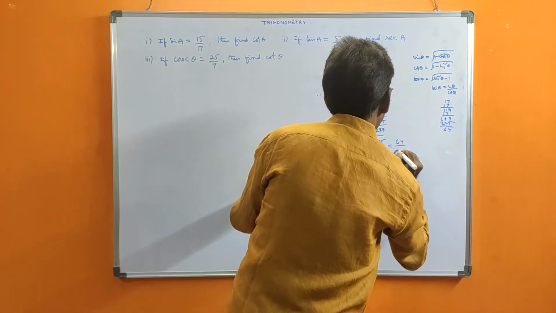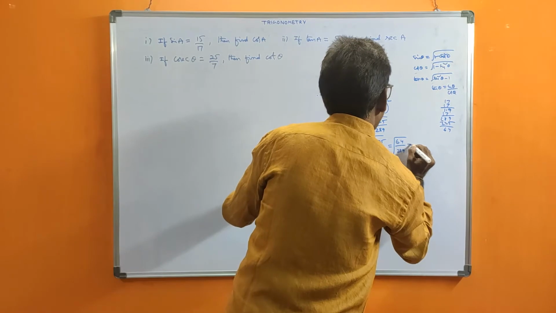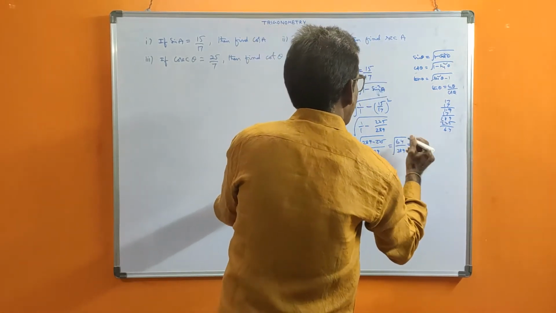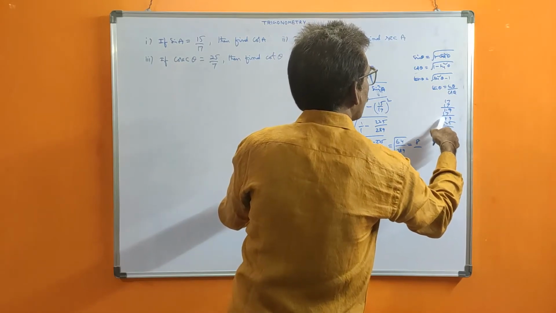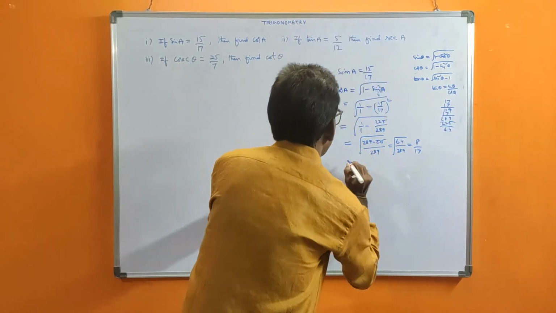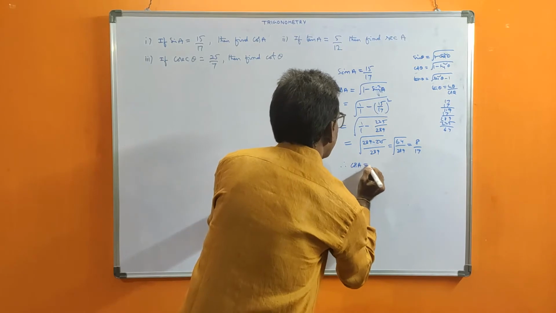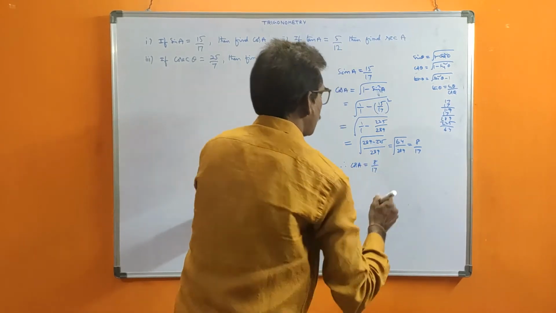This is the square root of 64 by 289. We know the root of 64 is 8, and the root of 289 is 17. So therefore cos A is equal to 8 by 17.